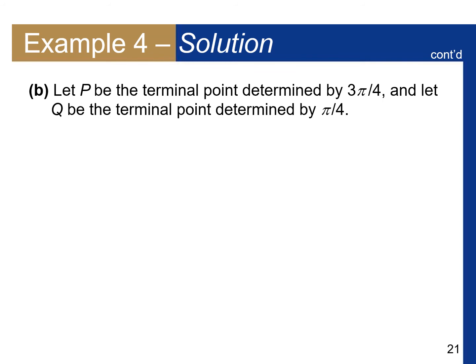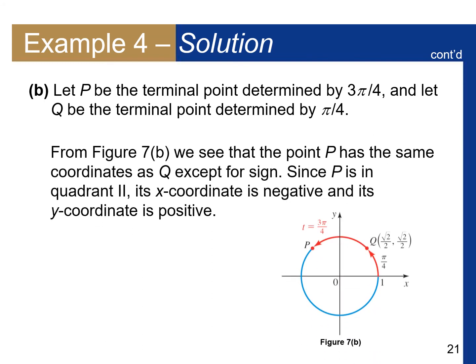Now look at 3 pi over 4 and the terminal point determined by pi over 4. Here I have my pi over 4, and then here if I travel 3 pi over 4, I will end up here.